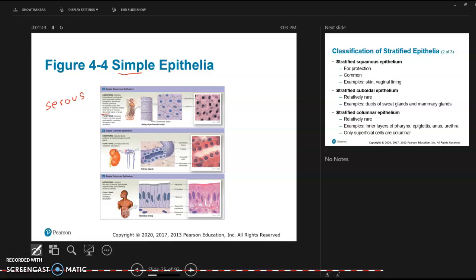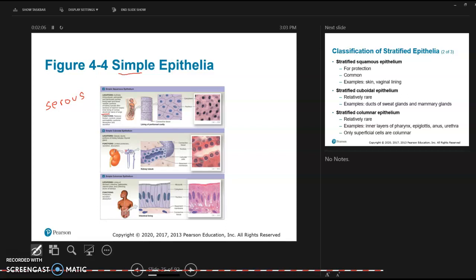The pleural membrane surrounds the lungs, the pericardium surrounds the heart, and the peritoneum surrounds the abdominal cavity where your stomach and your intestines are. So those serous membranes that we're going to learn more about are composed of simple squamous epithelial tissue.